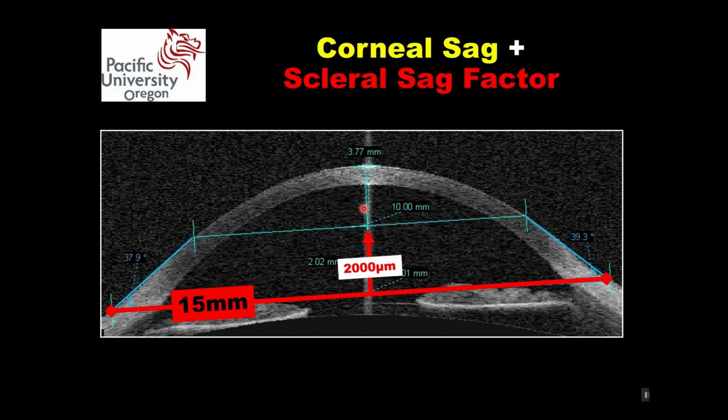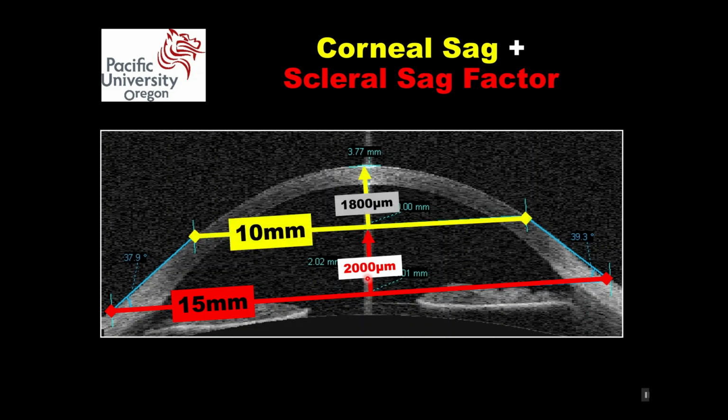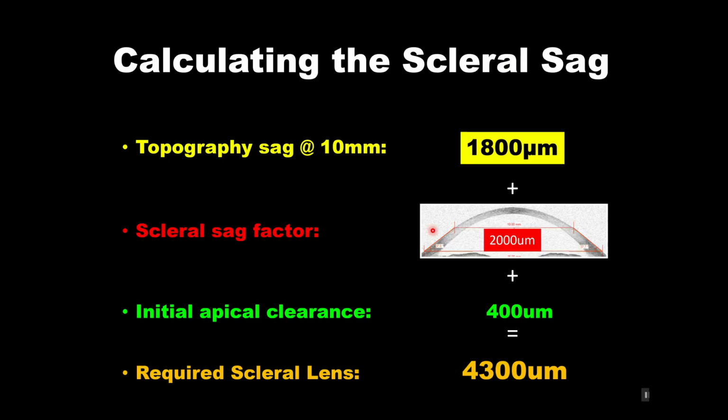So let's use that average 2,000 microns with the Medmont topographer measuring the corneal sagittal depth across a 10 millimeter chord. Then we do a simple formula. With this measure, we now have the corneal sagittal depth.